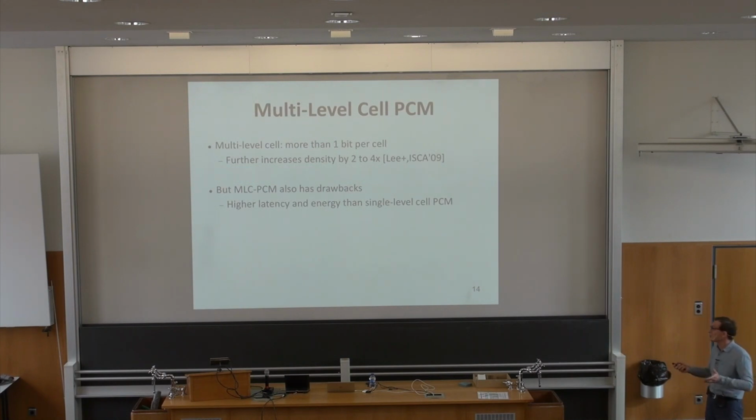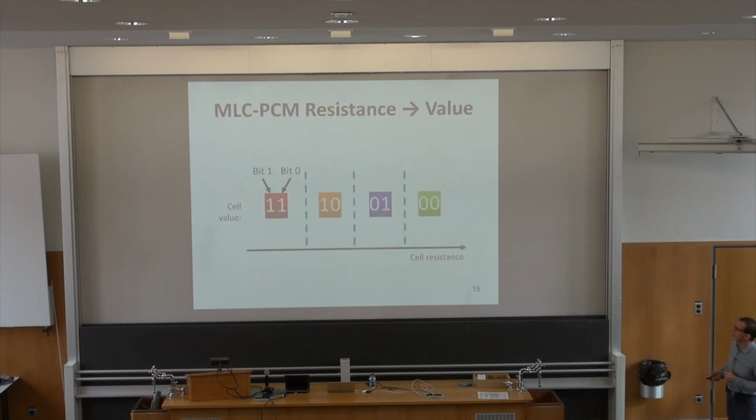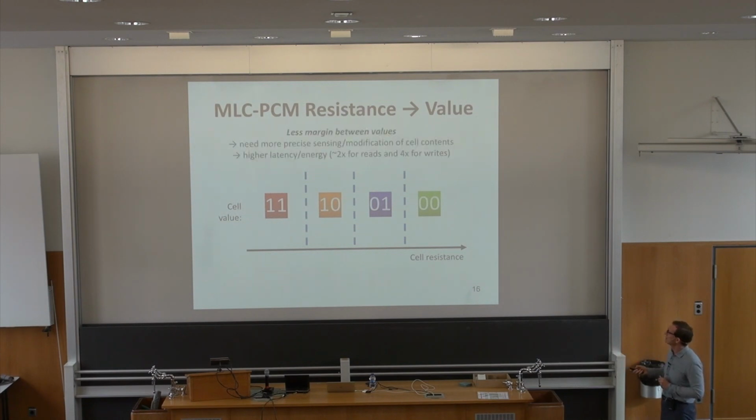The problem is this also has drawbacks. You get higher latency and energy than single level cell PCM, but this gives you higher capacity. It looks like this basically. The same resistance range that I just showed you earlier is now divided into 4, which is good for capacity, but how do you read it? Usually when you read something like this, you first try to distinguish the most significant bit.